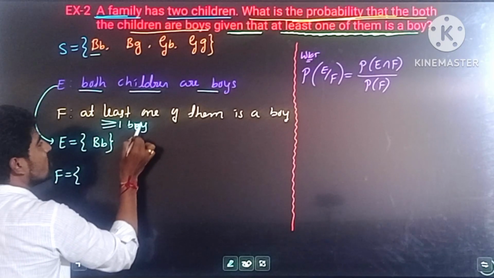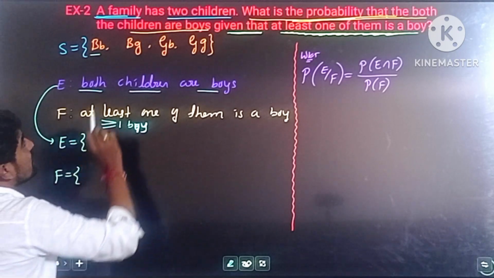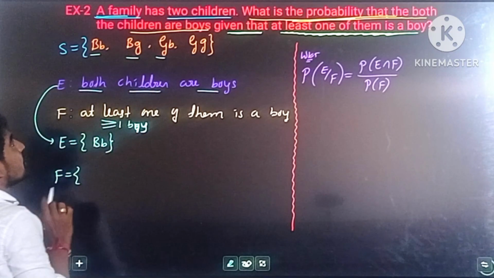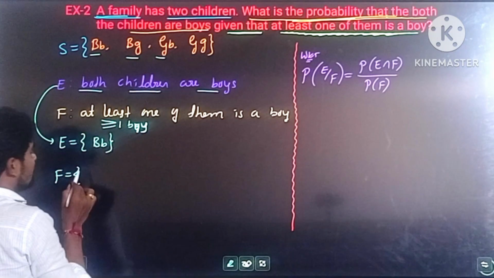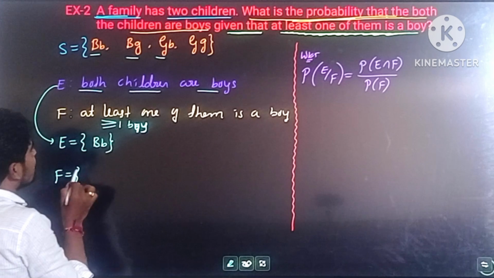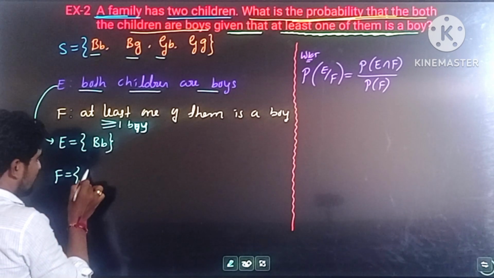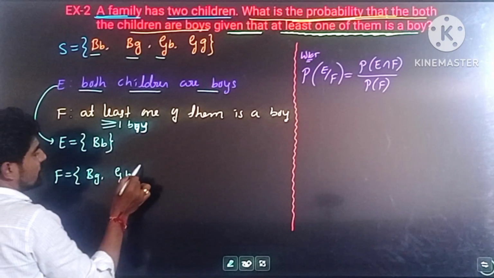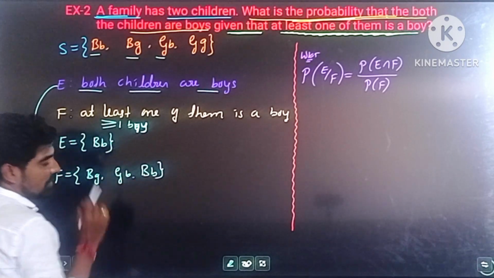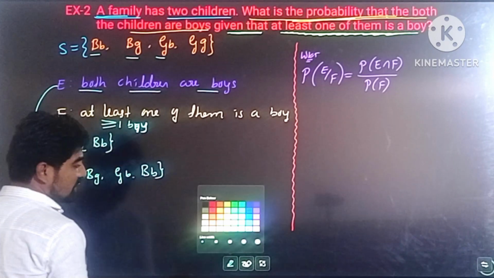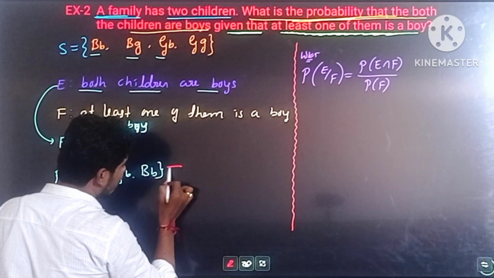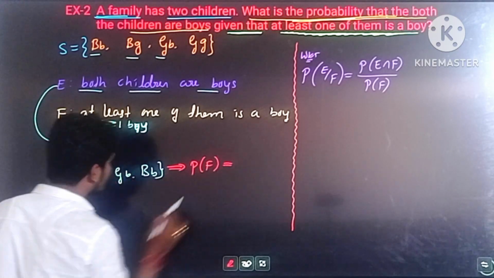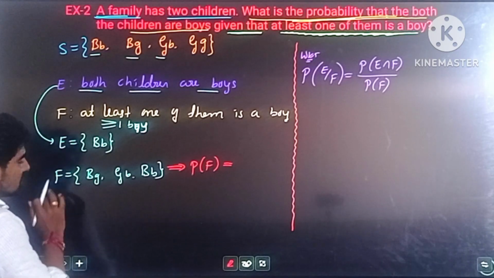One boy exists in GB, BG, and BB has two boys. So the possible outcomes of the event F are BG, GB, and BB. I hope all of you understood. So directly we can calculate the probability of the event F. Probability of F is equal to three outcomes that exist in event F.